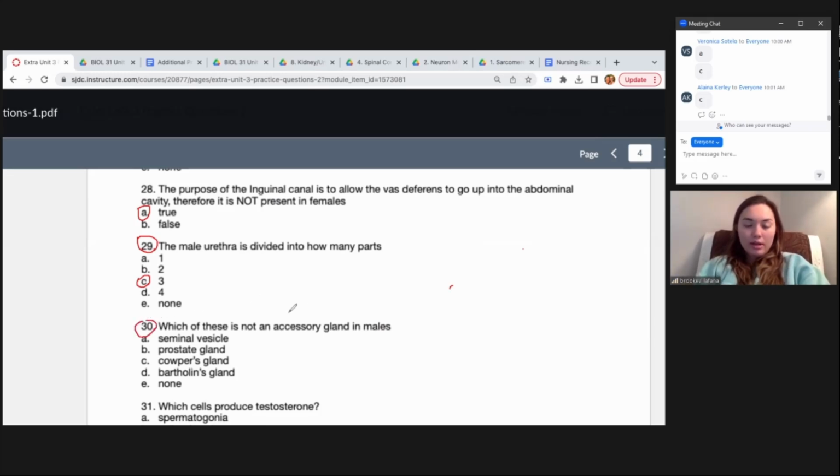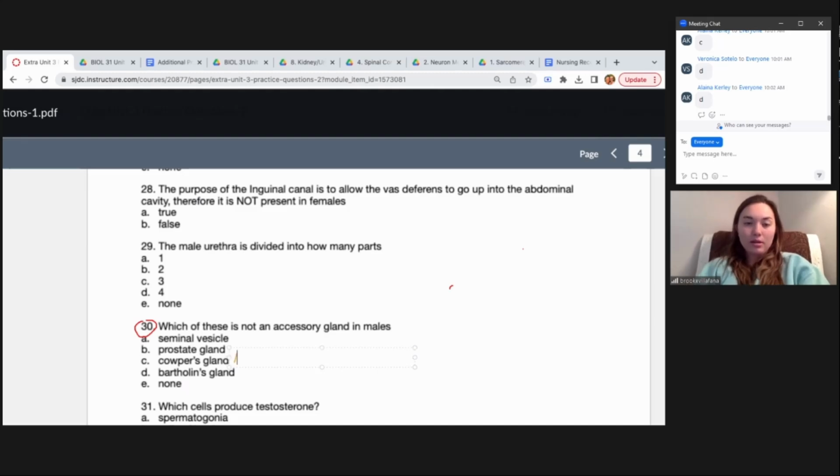Which is not an accessory gland in males? Good. So we know that the seminal vesicle, prostate gland, and Cowper's gland are all accessory glands.